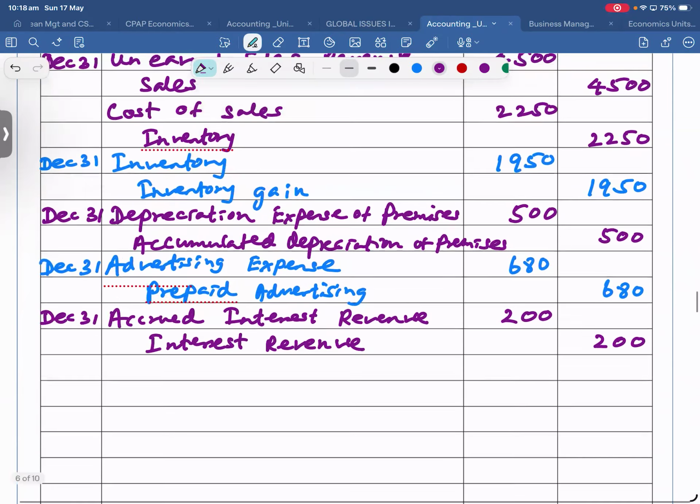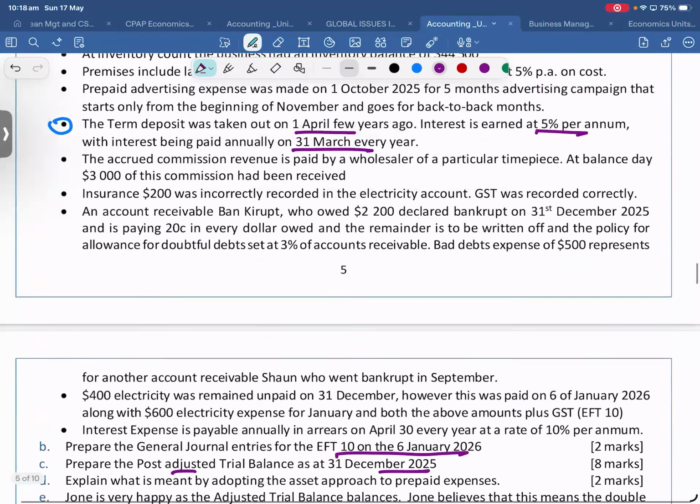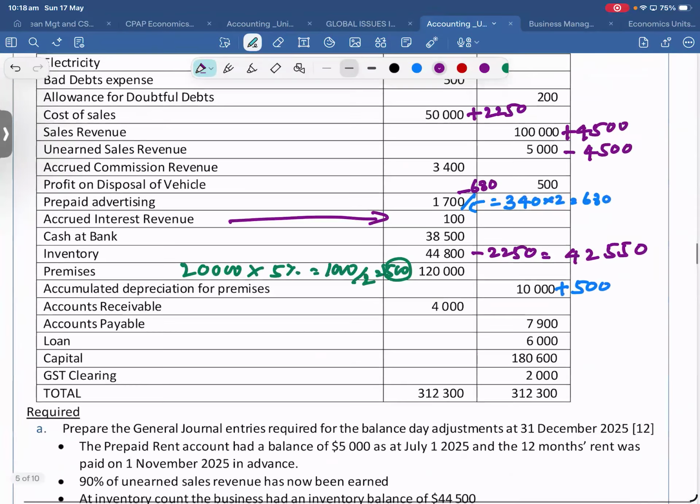Okay, then we have both the ledger accounts in the pre-adjusted. So shall we update it? I'm going to add here 200 accrued interest, and we don't have an interest revenue account, guys, so we'll have to open it up.